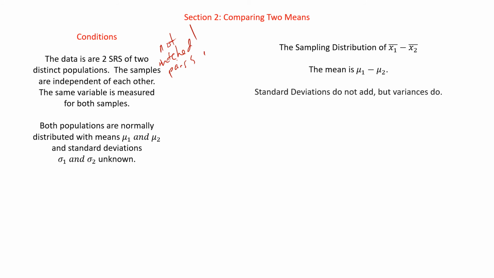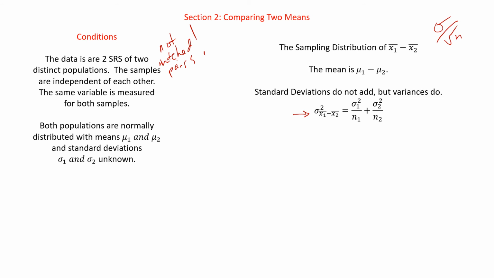Standard deviations, however, aren't quite so easy because they don't add, but variances do add. So we can find the variance. We're going to square the standard deviations. Remember, the standard deviations look like sigma over root n. So when we square them, we'll get sigma squared over n. Then we can add them together for the variance. I love this because right here we've got a Greek letter sigma with a superscript, the exponent, the squared, with a subscript.